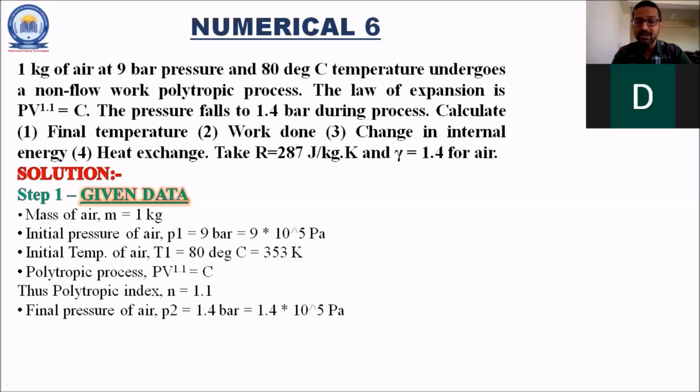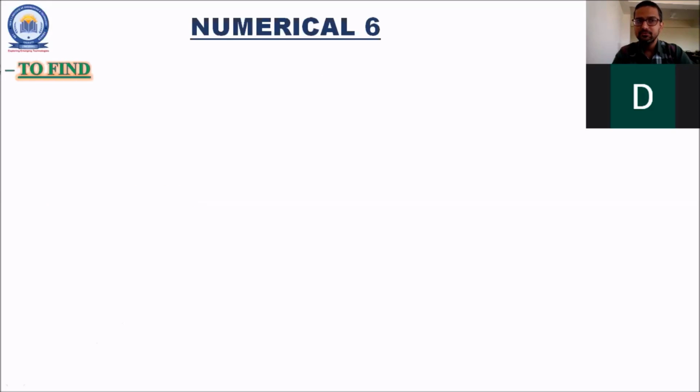Proceeding further, the final pressure of the air, that is P2, is equal to 1.4 bar. Converting the bar into Pascal. Capital R is given as 287 joule per kg Kelvin, and gamma is equal to 1.4. So these are the given data. Step number 2, that is to find: firstly, the final temperature of air, T2.